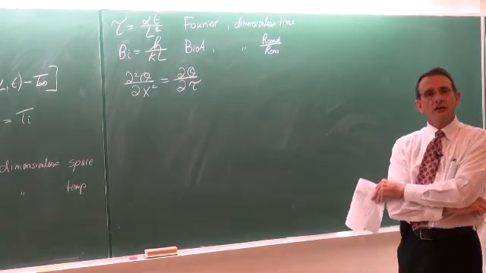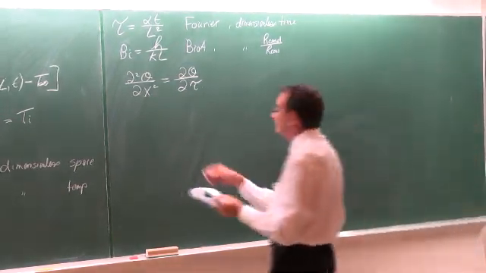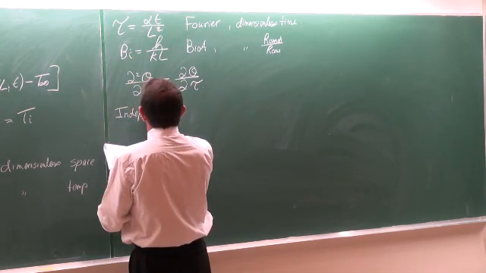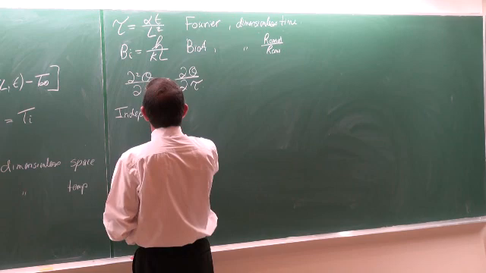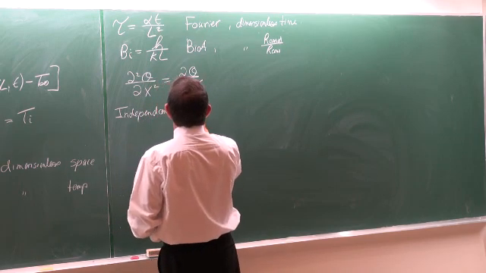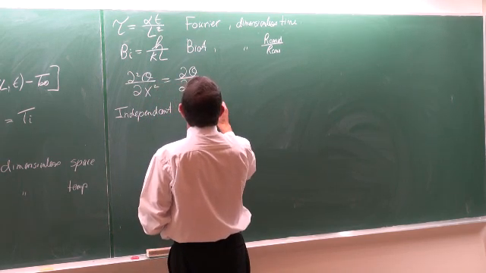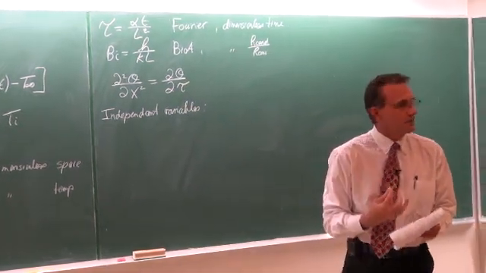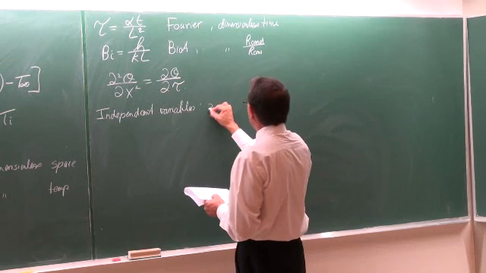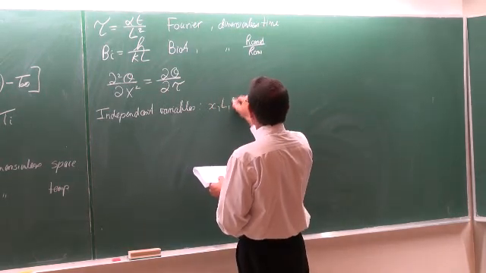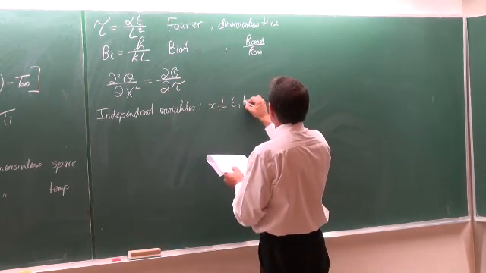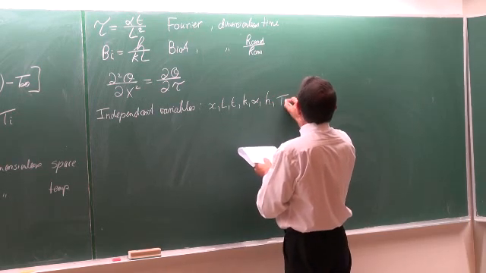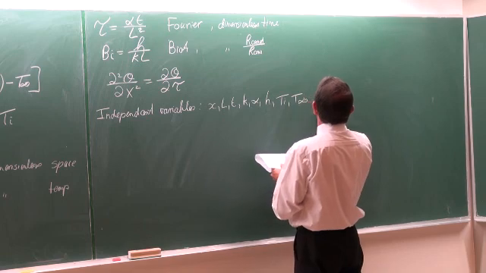Now, why would we do that? We would do that because when we started this problem and we looked at the independent variables, the variables that would influence the temperature, that would be x, L, t, k, alpha, h, Ti, and T infinity.